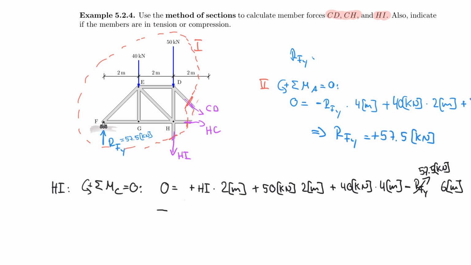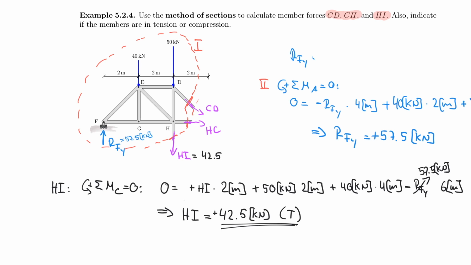And I can now solve this for HI by just rearranging the equation, and HI would be 42.5 kilonewton positive, which means it's in tension, so we assumed correctly. So yes, this here would be equal to 42.5, or I just double underline my result here. So now I solved that one.